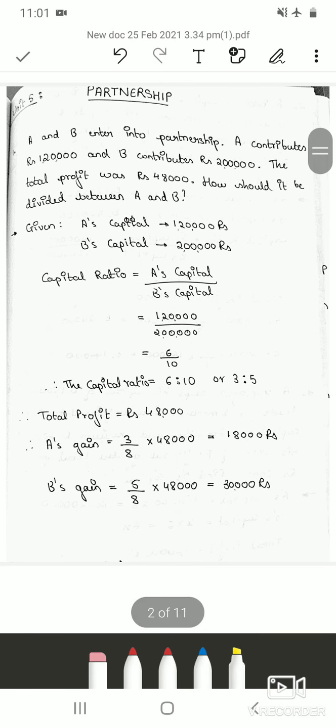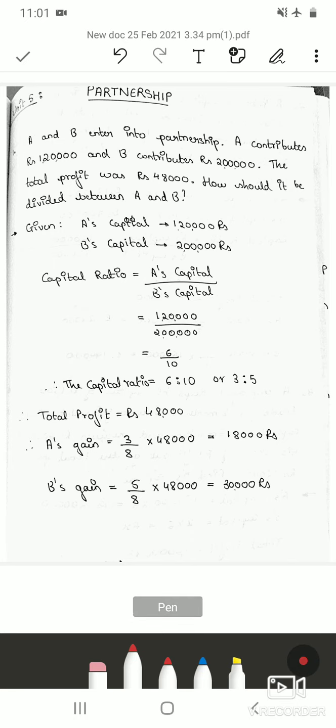The first problem is A and B enter into partnership. A contributes rupees 1,20,000 and B contributes 2 lakhs. The total profit was rupees 48,000. How should it be divided between A and B?